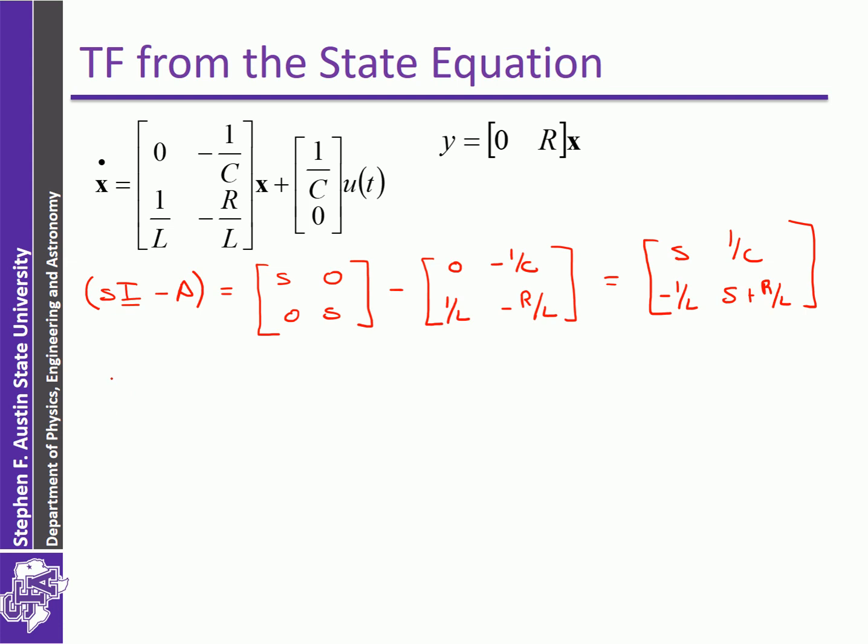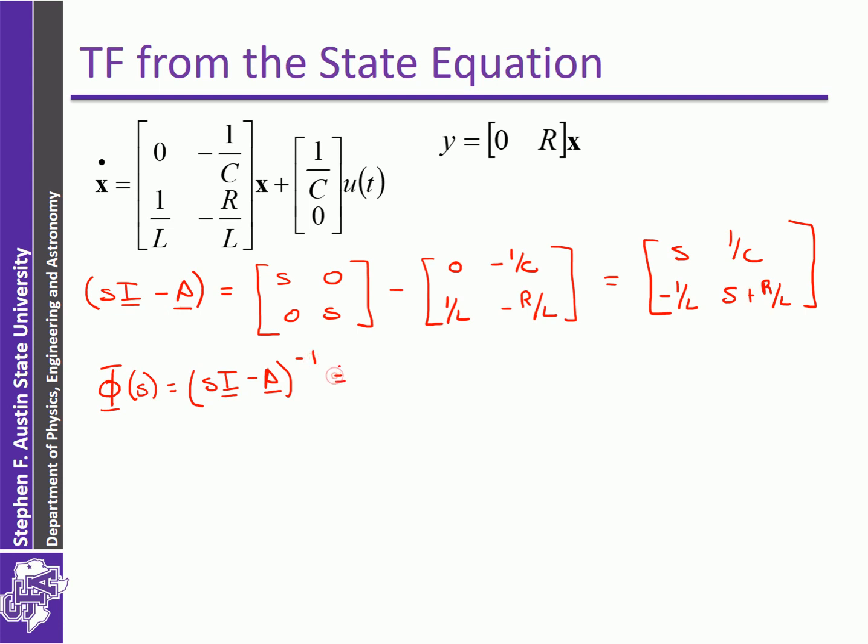So we find the state transition matrix Phi of S. It's equal to S times the identity matrix minus the matrix A, all of this inverse.